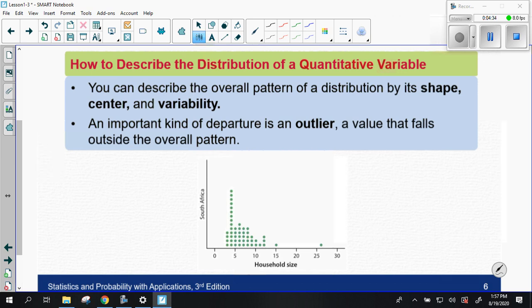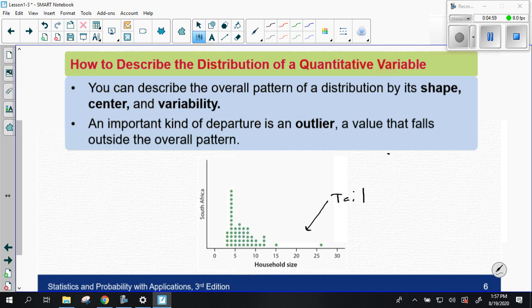So if we look at this particular distribution of data, if I was to draw a smooth curve, right, my tail would probably be out here, right, on the right hand side. So we would say that the shape of this data, right?